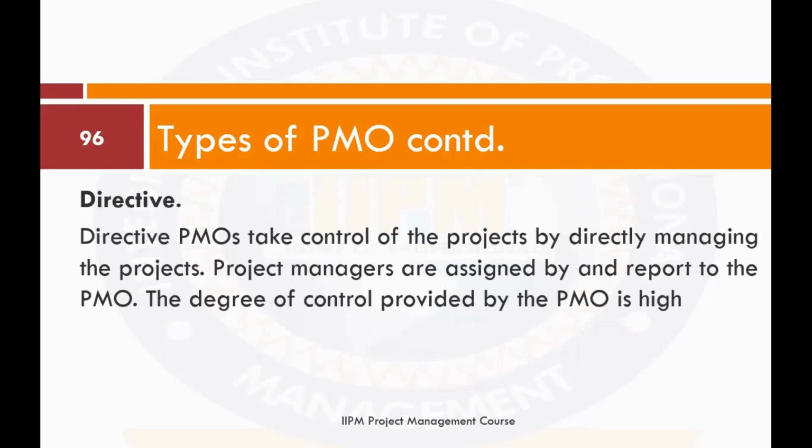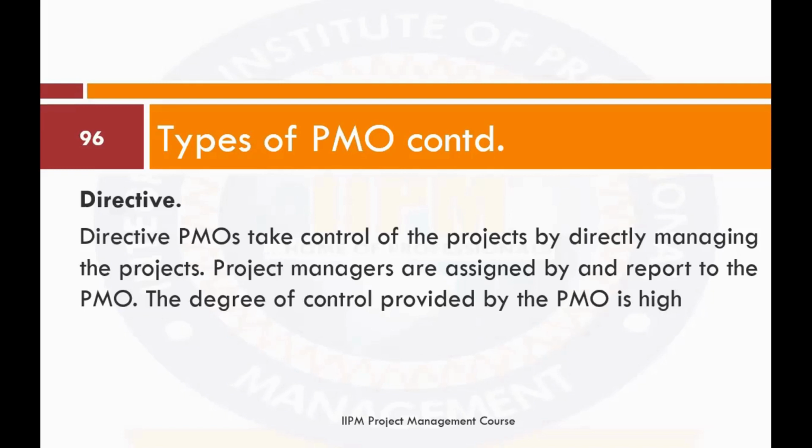The controlling PMOs, what they are doing is that they are making sure that you follow standards. So they are much more of monitoring and evaluation, checks and balances. They are not in the field with you. They can visit you regularly. They are the controlling PMO. But the directive PMOs, they take the project from you and direct the project and manage the project.